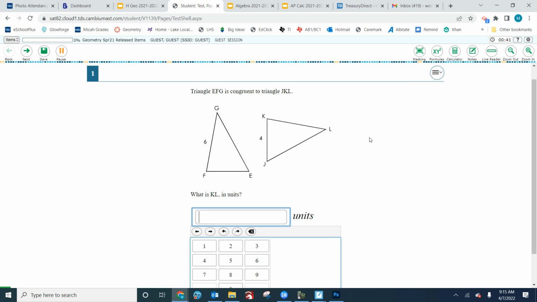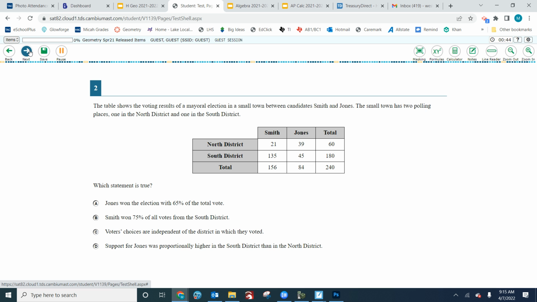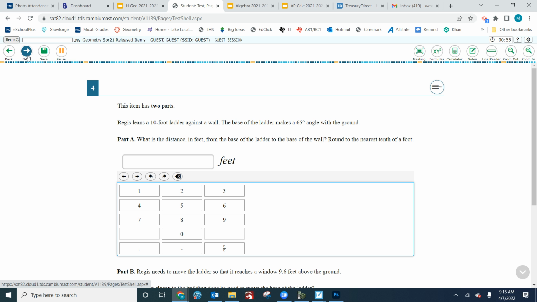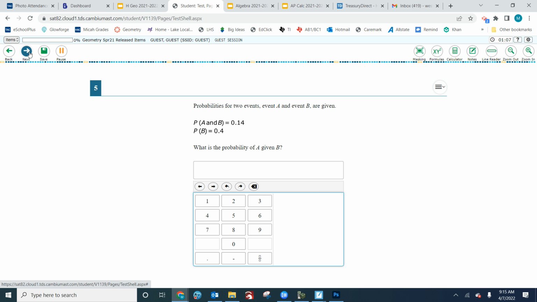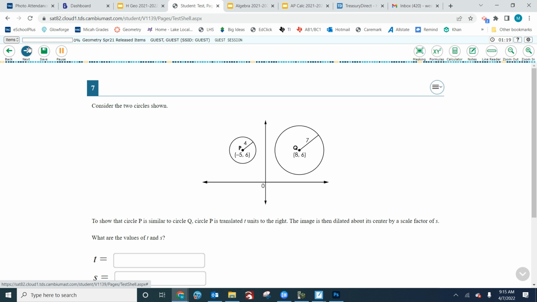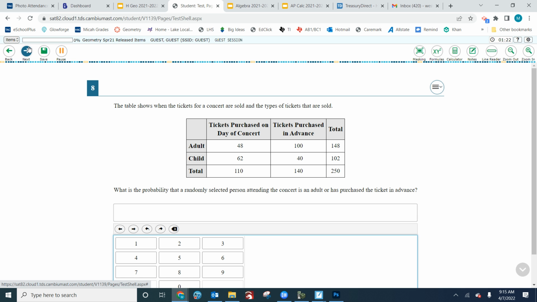So we're going to do number 1. We already did the Jones problem, didn't we? That was in the probability one. So you're going to do number 1. We're going to skip 2 and 3. Do number 4. Skip 5. Do 6. We're going to do 7, and I'm going to put this on the agenda.